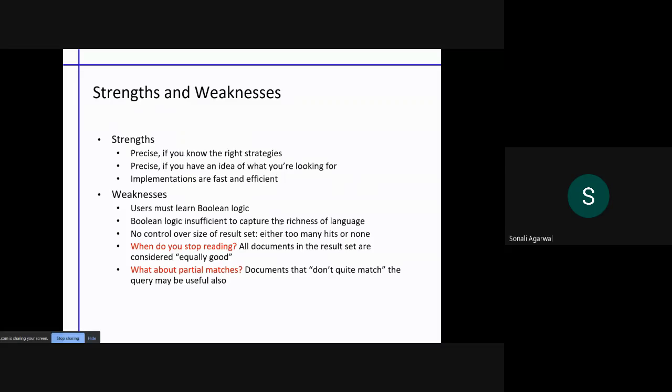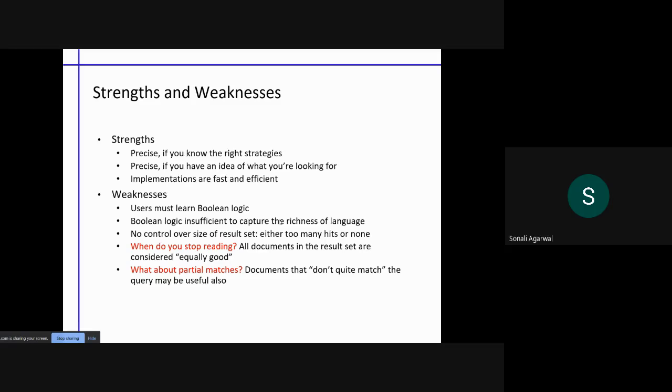If we look at the strengths and weaknesses, the strengths are its simplicity, its easy adaptation, and that you can prepare your queries very fast as per your understanding.